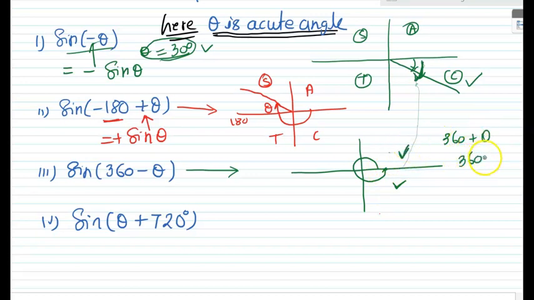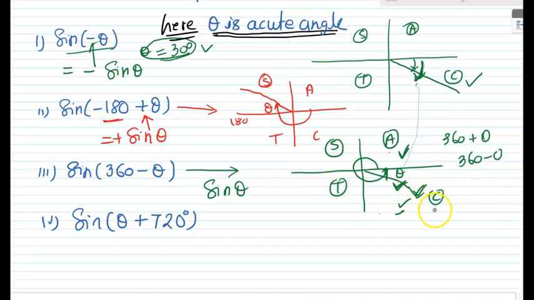But it is 360 minus, so you are staying in this area. What will be the angle here? The acute angle made with the x-axis, theta. So it should be sin theta. And in which quadrant are we? Add sugar to coffee. We are in the fourth quadrant, cos house. Cos will be positive and sin will be negative. So it should be minus sin theta. Is that okay?